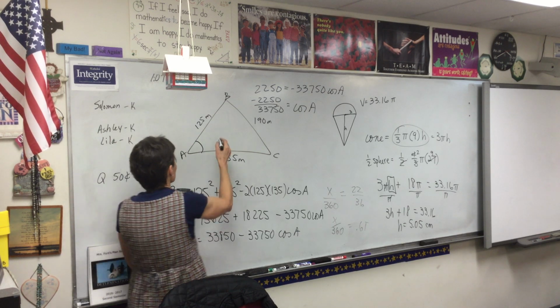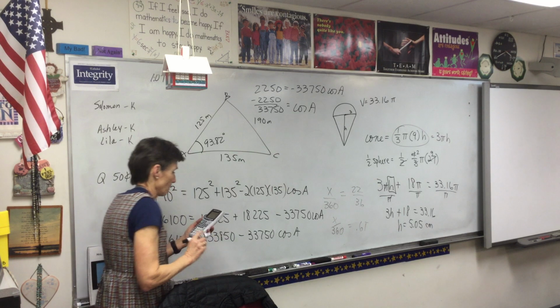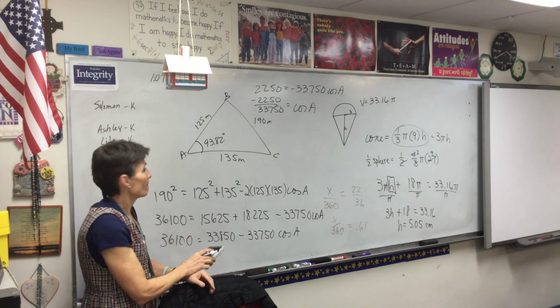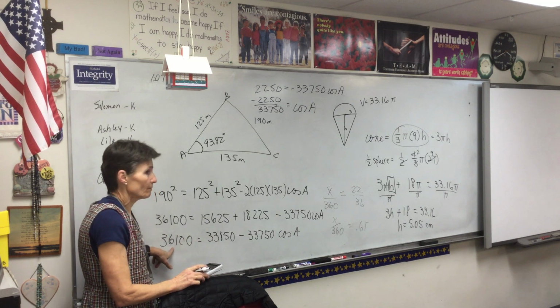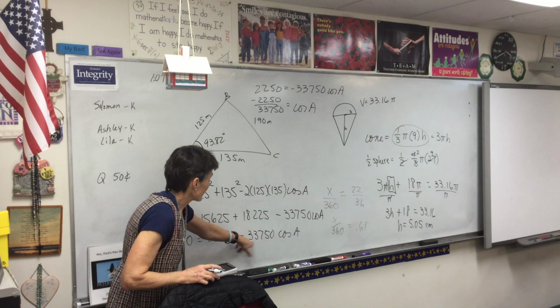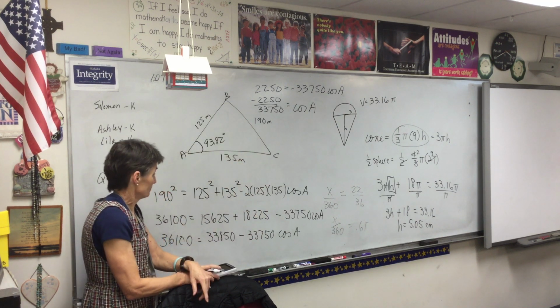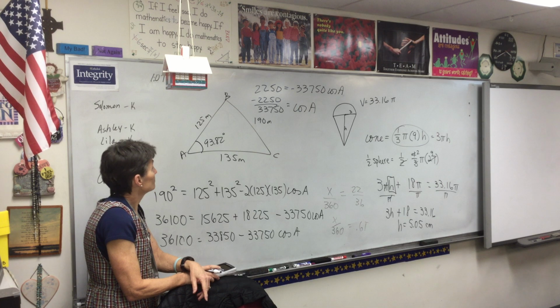I got 93.82. Wait, why did you subtract the... Subtract this over to here. And then you divide by that number right there. No, I know you subtracted the other side up there.